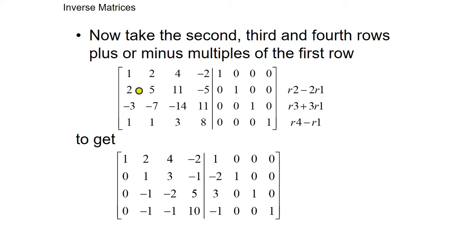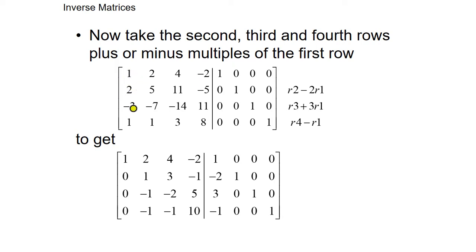Now, we look to find zeros in a particular order. We would like, firstly, to get zeros in the 3 positions here by subtracting multiples of the first row. So row 2 we will replace by row 2 minus twice row 1. That'll give us a 0 here.